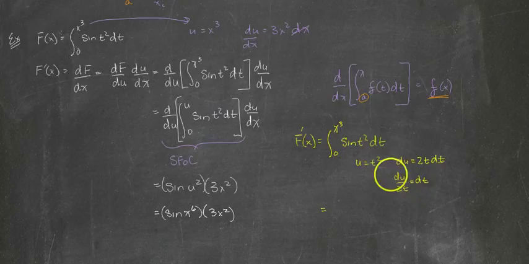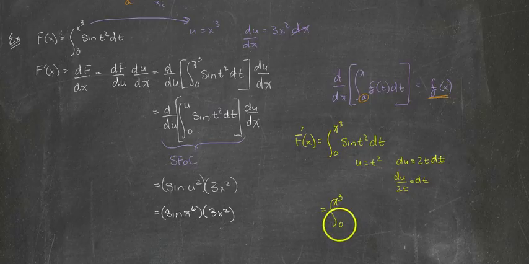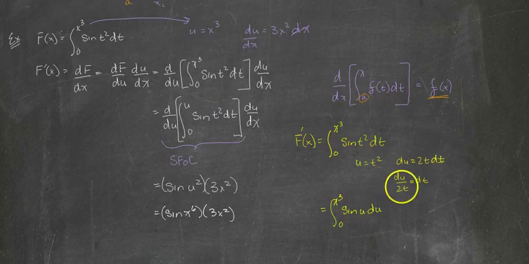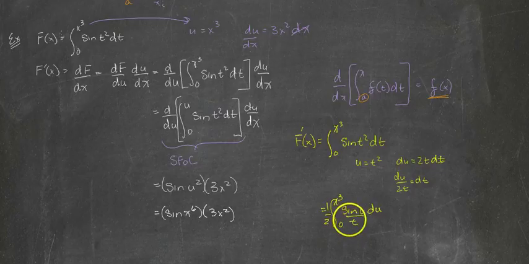And then when I go to substitute my u's in, I'm not going to change my limits of integration here. So I have sine of u, that works, and then dt equals du over 2t, so 1/2 I can pull out front over t. Well, that didn't help because I have that t.